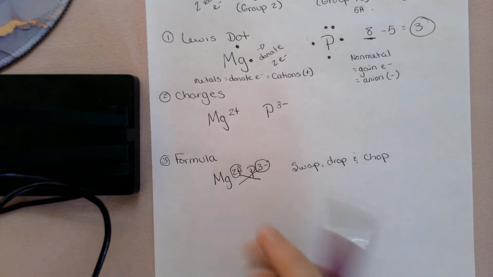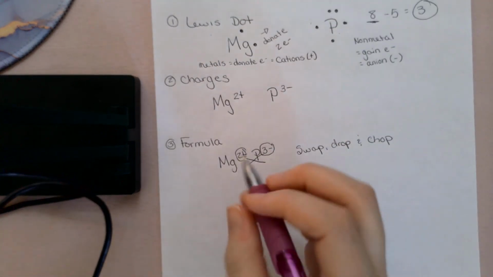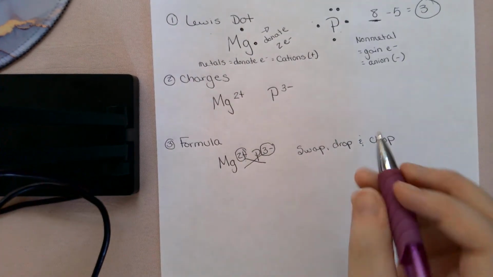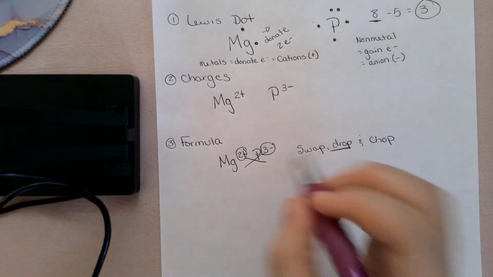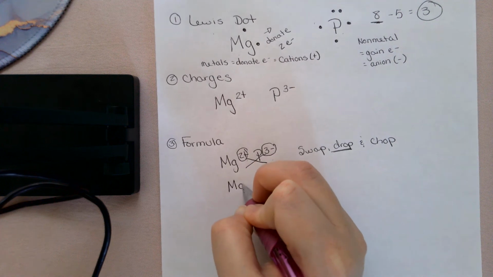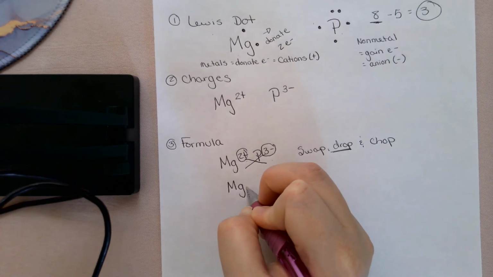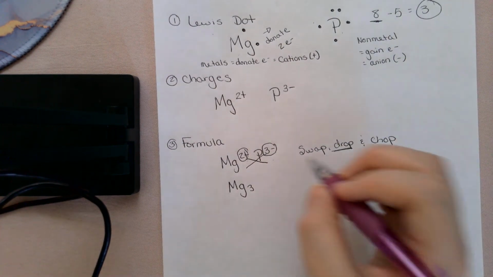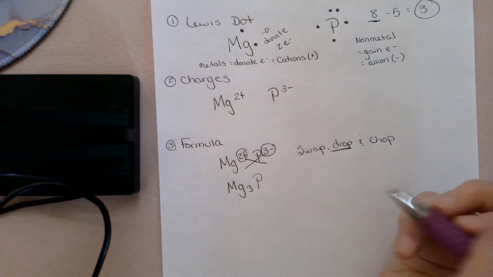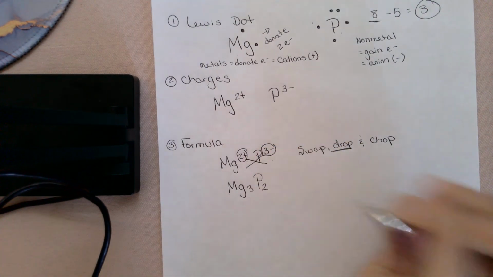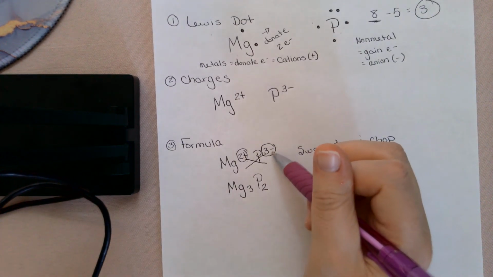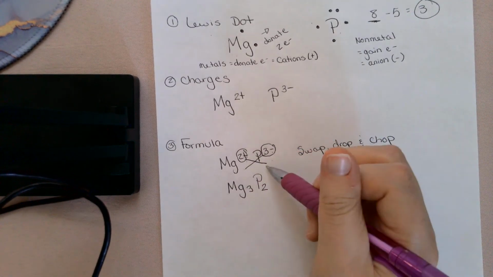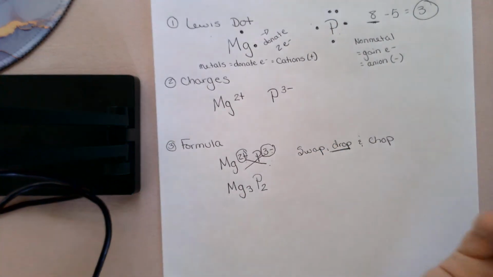Okay, so now that we have our swapping, we're going to drop the charges. So we're going to rewrite the formula without the charges. So magnesium now has a subscript of 3, and our phosphorus now has a subscript of 2, right? Because 3 came from the superscript to here, and 2 came from here to here, okay?